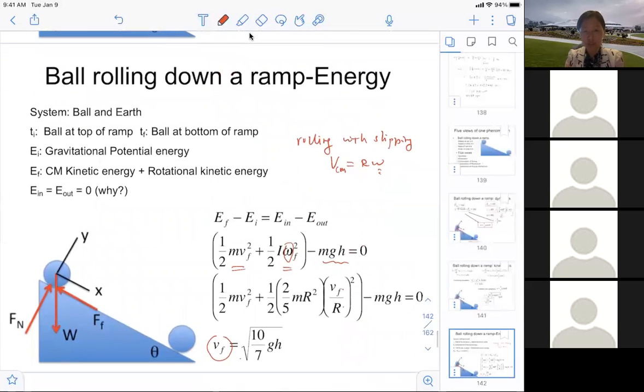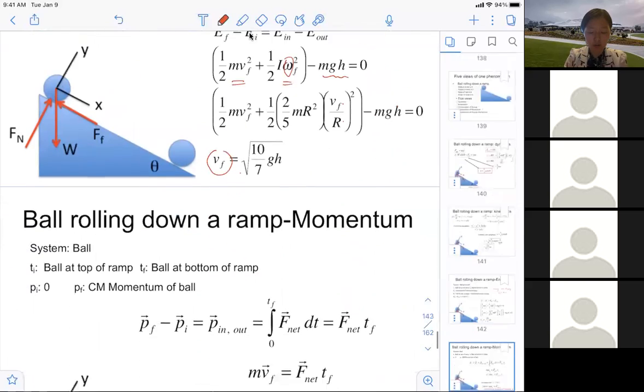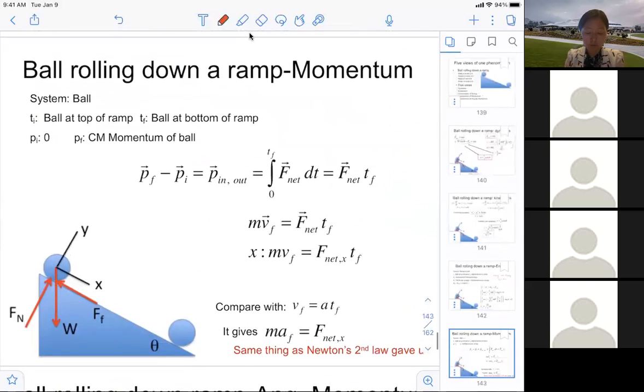If there's an exam, I would expect you to be able to solve it using either energy or a combination of dynamics and kinematics. But we can still apply momentum conservation to this, even though that's not something we usually do, and it's not going to give us anything new.